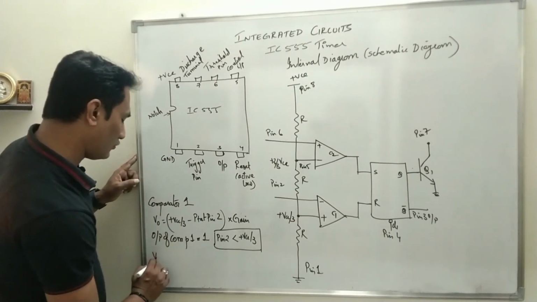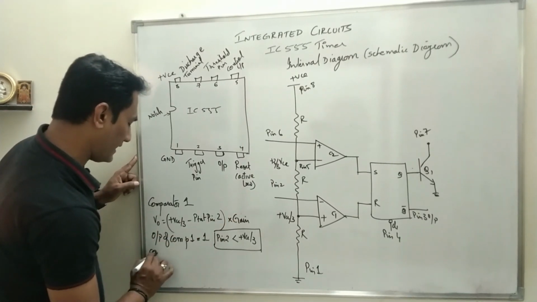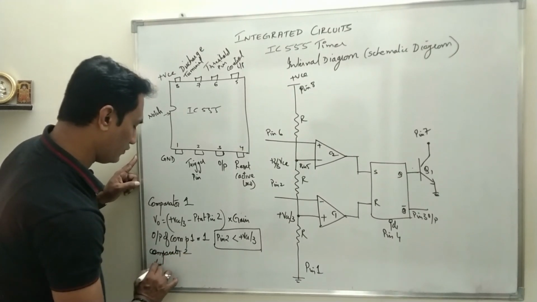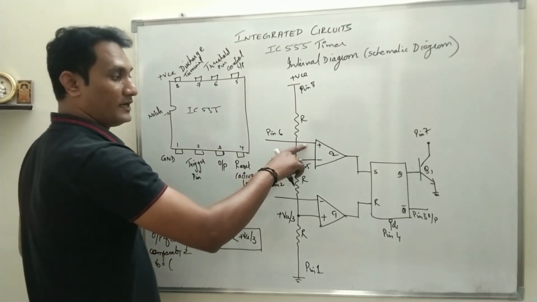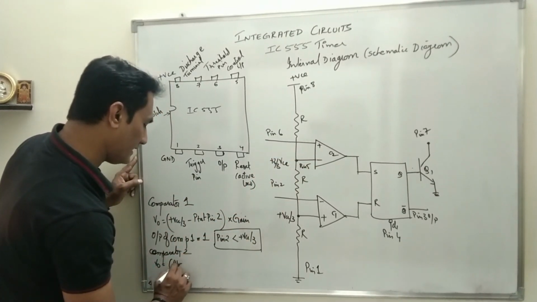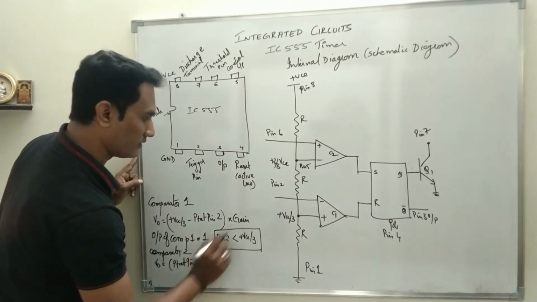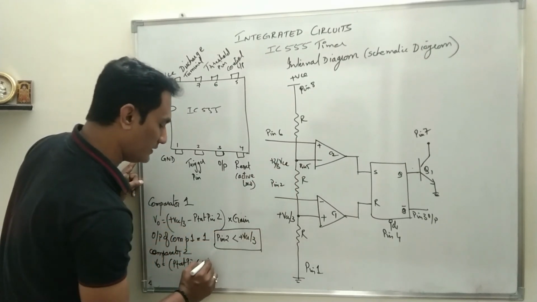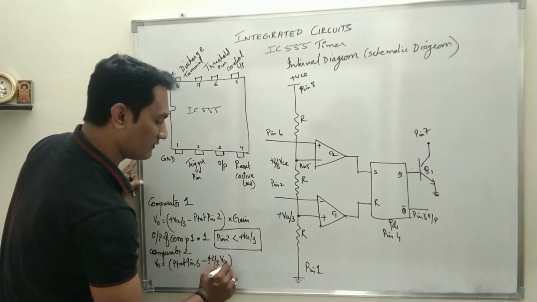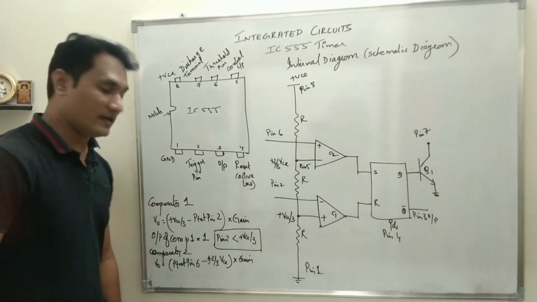Similarly, next, the output of the second comparator, comparator 2. V0 equals, in this case, pin number 6 is non-inverting minus the inverting, so it will be the potential at pin 6 minus the reference voltage at pin number 5, which is plus 2 by 3 of VCC, multiplied by the gain, which is infinite as we are using it as a comparator.